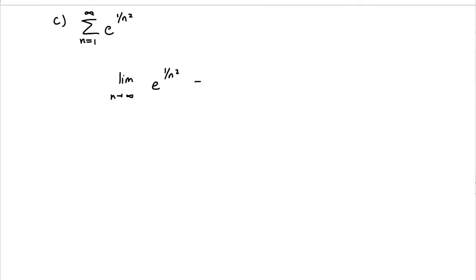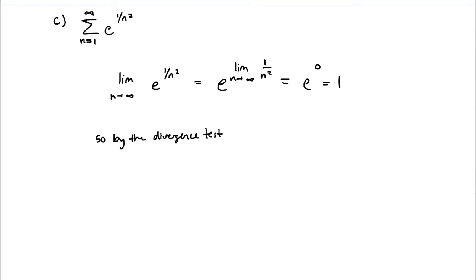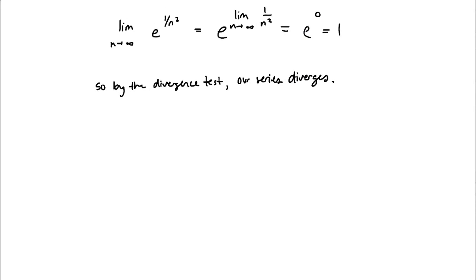Pushing my limit through, that is e to the limit as n goes to infinity of 1 over n squared, which is e to the 0, which is 1. By the divergence test, our series diverges because we got a non-zero limit for the sequence terms.